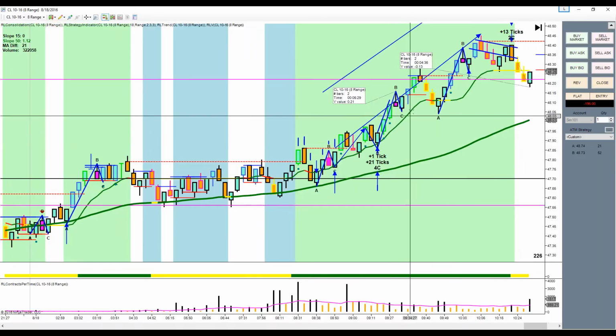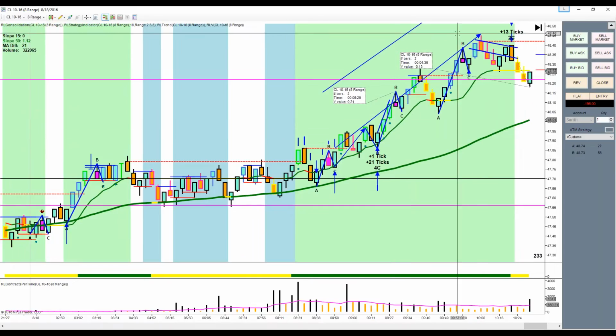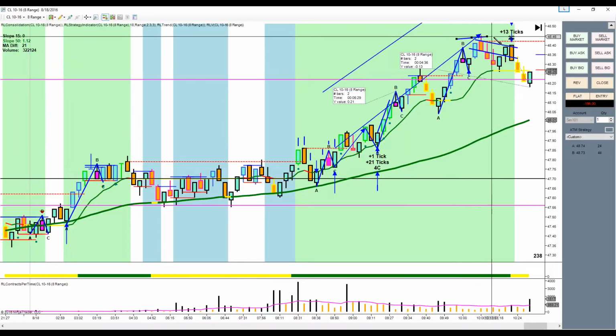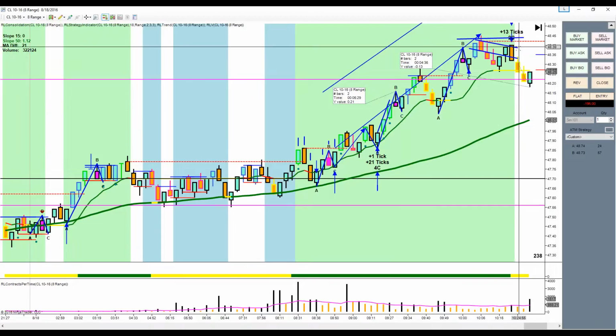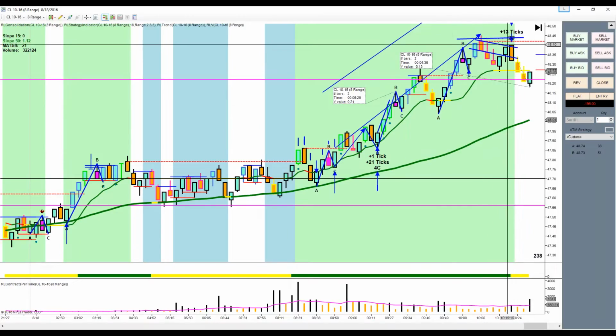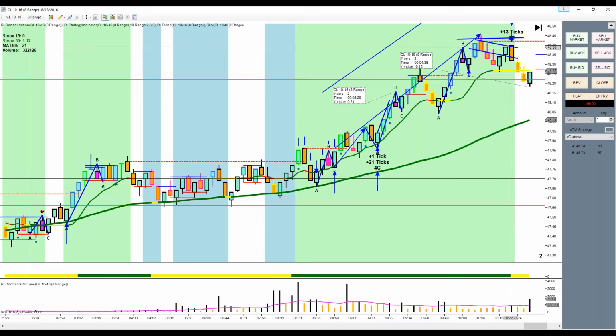And then here's what we're really looking for on a short trade. It's got to be a double top like this. And this is another top. But you want to see that the second time the bulls try to push price up, they can't push it up quite as high.